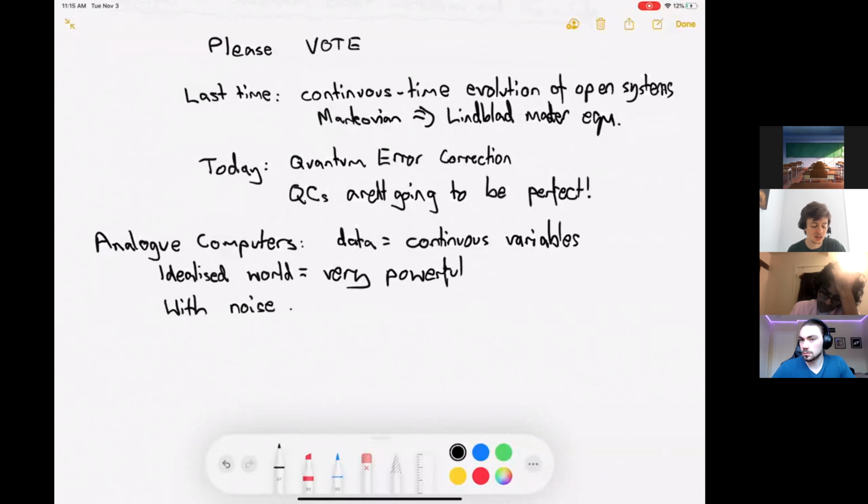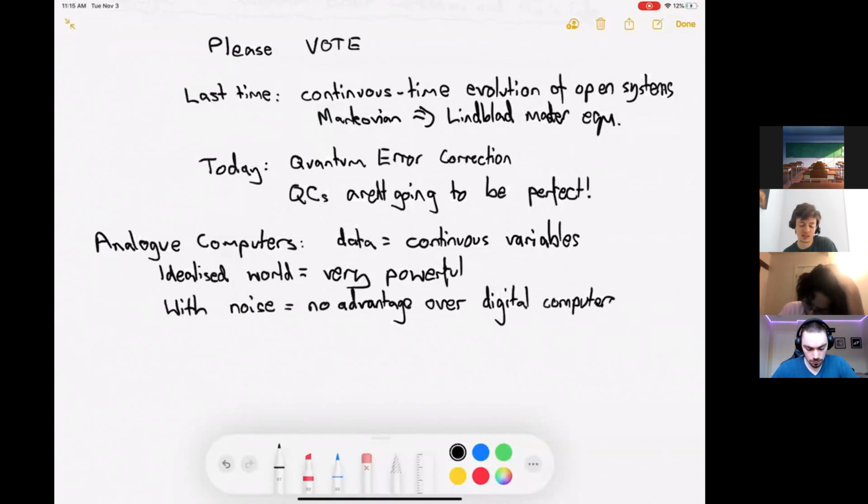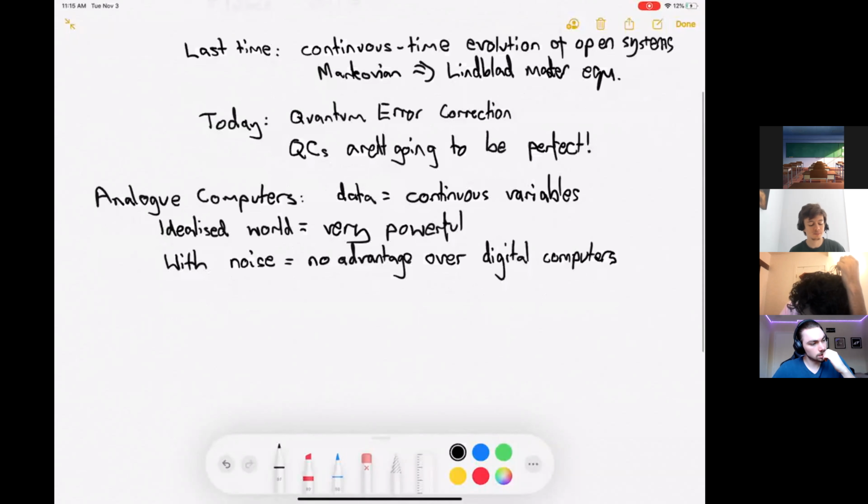And the moment you add in noise, they have no advantage over digital computers. They can be efficiently simulated on a digital computer. And in fact, digital computers ended up having much better error scaling, being much more robust, and took over the world.